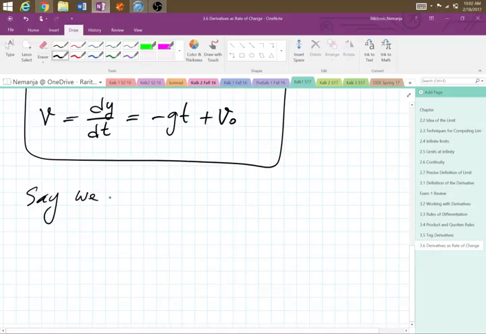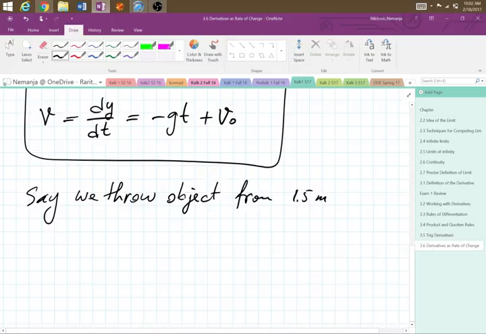So say we throw an object from 1.5 meters at 3 meters per second.